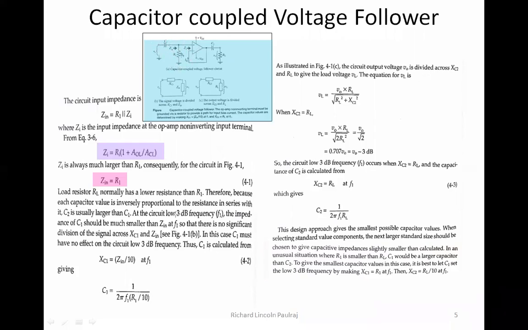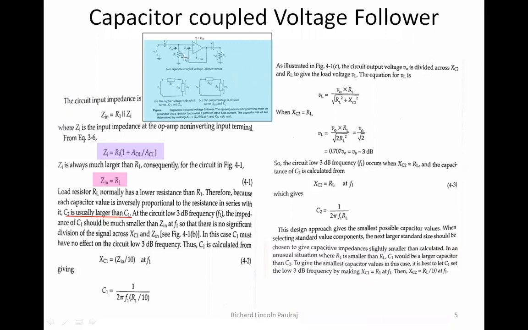Because each capacitor value is inversely proportional to the resistance in series with it, C2 is usually larger than C1. Why is C2 larger? Because RL is smaller than R1.